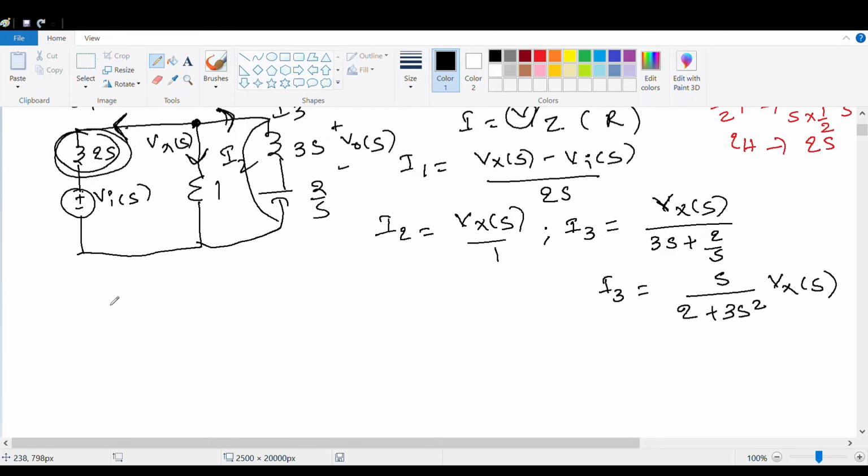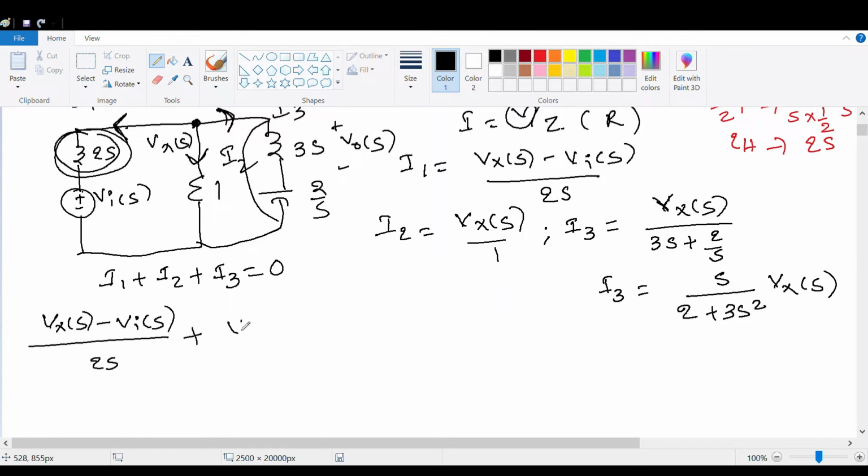So now we can apply the KCL. I1 plus I2 plus I3 equals 0. I1 is Vx of s minus Vi of s by 2s, plus I2, Vx of s, plus I3, s by 2 plus 3s square Vx of s, is equal to 0.